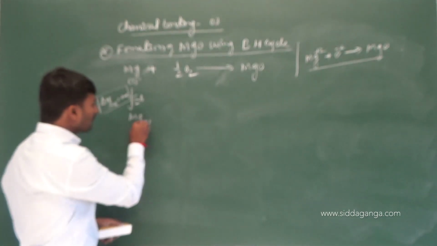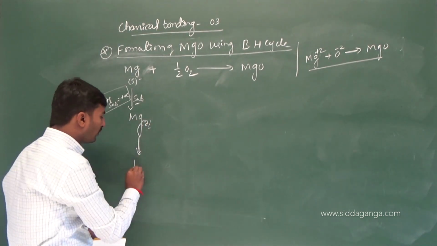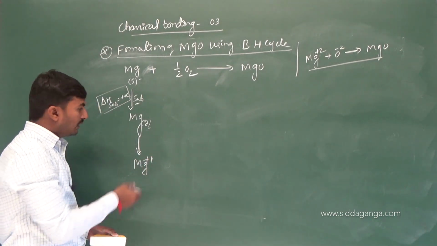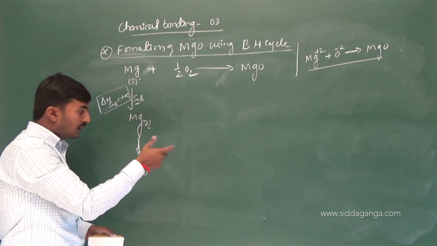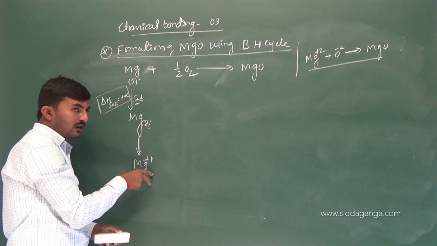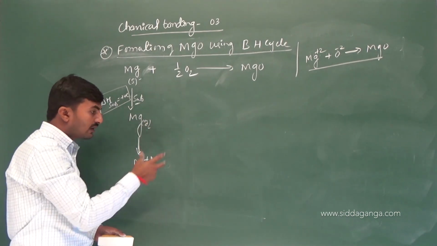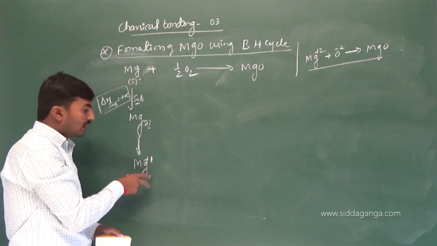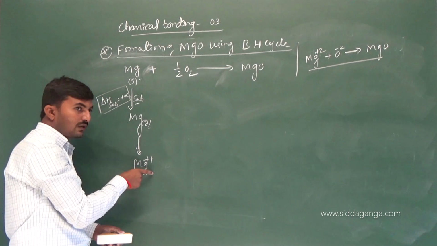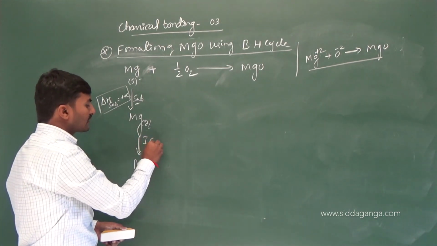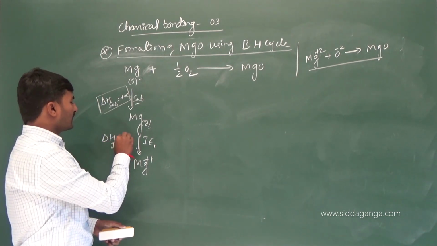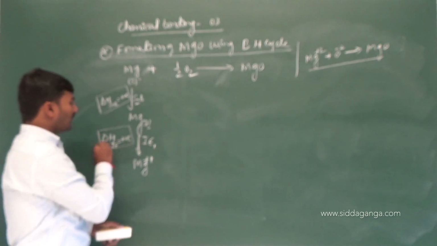First we have to convert this gaseous magnesium atom into Mg plus after losing one electron, and the energy required to remove that electron is called ionization energy. Here, this energy is required for the removal of the first electron, so this is called first ionization energy. And delta H ionization energy is positive because we are giving energy here.